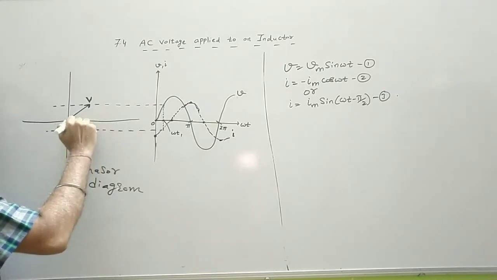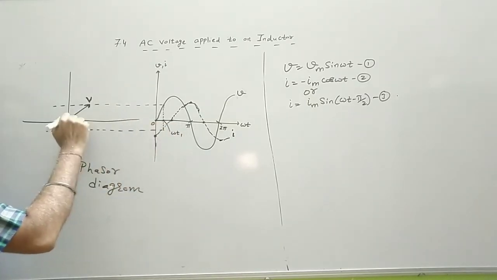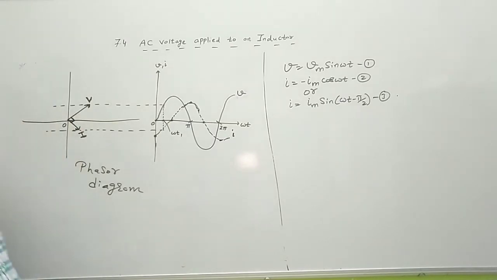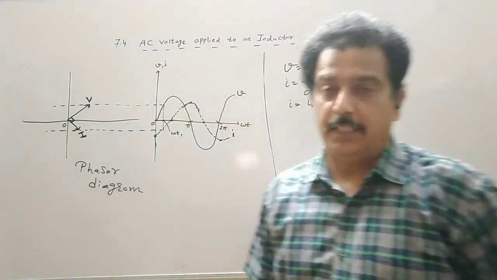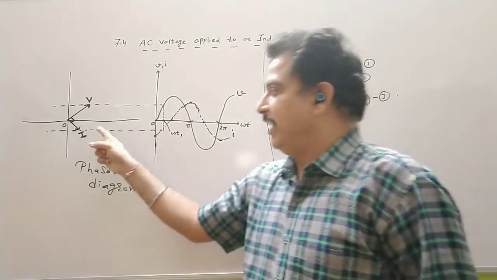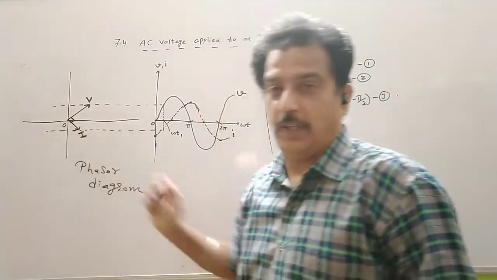If our diagram and curves are drawn perfectly, then this angle comes out to be 90 degree. And the phasor rotates in an anti-clockwise direction.